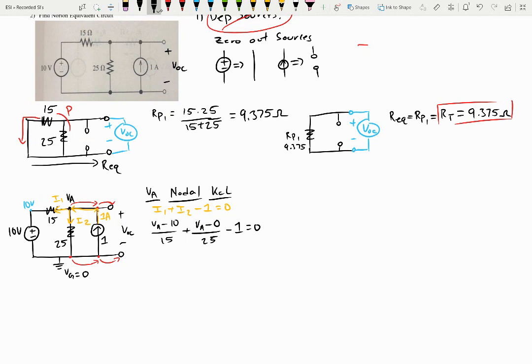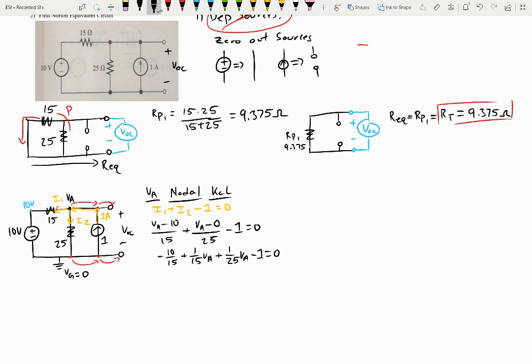Alright, so let's go ahead and split all this up. So we'll have negative 10 over 15 plus 1/15 V of A plus 1/25 V of A minus 1 is equal to 0.